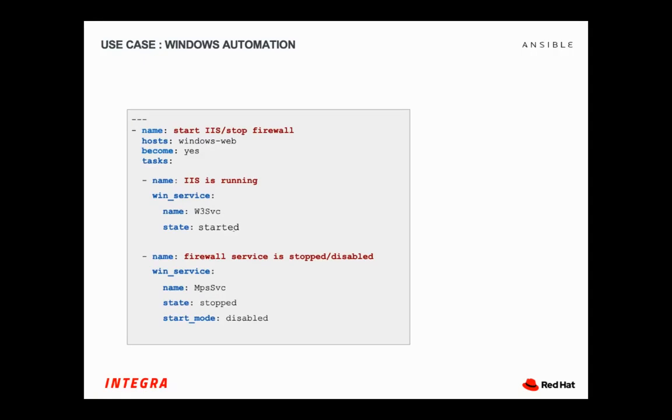In the first part, you can see the hosts variable that defines which hosts or which group of Windows servers you want to deploy these tasks on. We are using a module called win_service, which helps you start a service, stop a service, pause, or entirely disable a service.